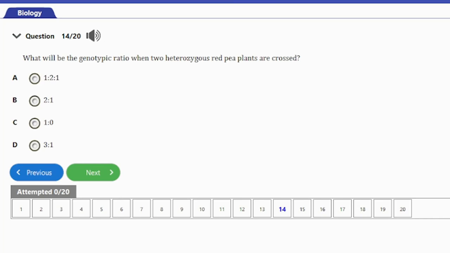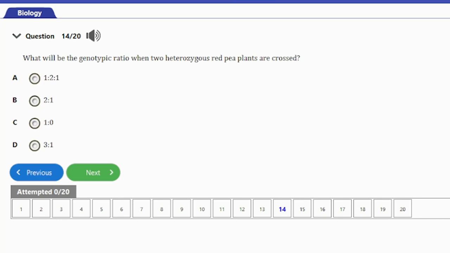What is the genotypic ratio when two heterozygous red pea plants are crossed? We have 1:2:1, 2:1, 1:0, 3:1. So guys, the answer to this question is 1:2:1. So when you make a cross for these plants, you obviously see that it is 1:2:1.